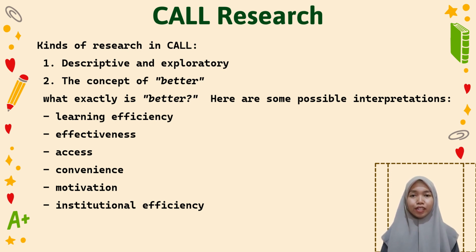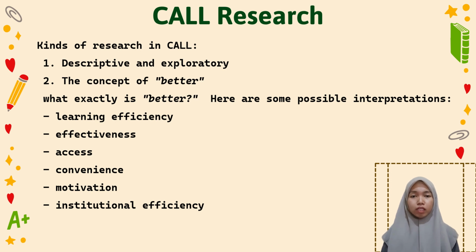First is learning efficiency. Learners pick up language knowledge or skills faster or with less effort. The second, effectiveness. Learners pick up what is targeted, retain language knowledge or skills longer, and or learn more of what they need. The third, access.